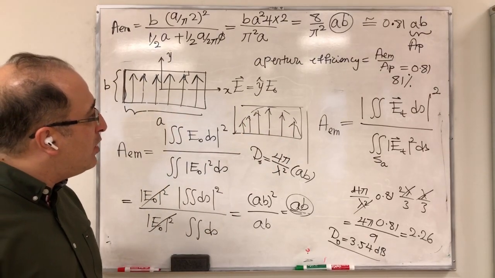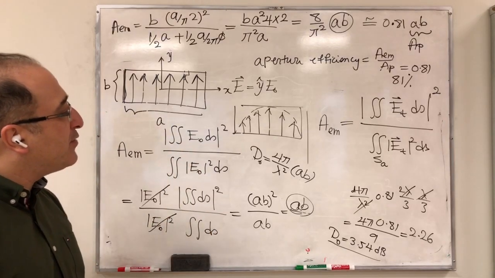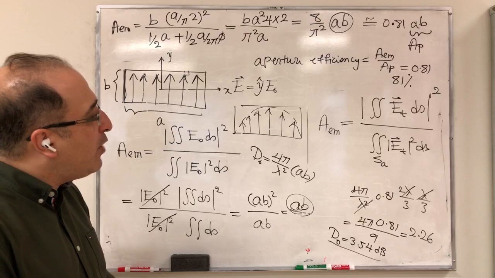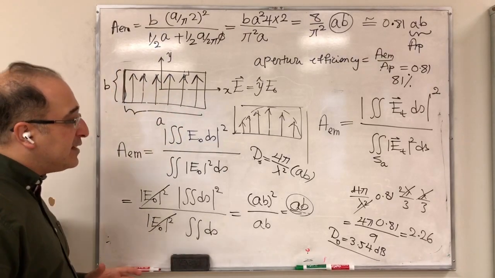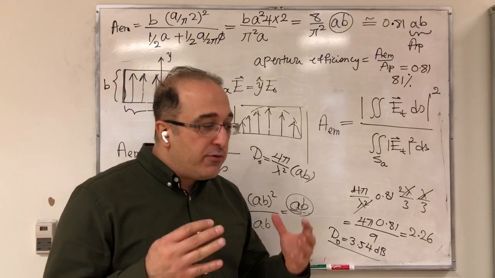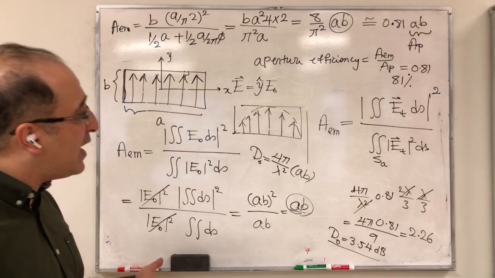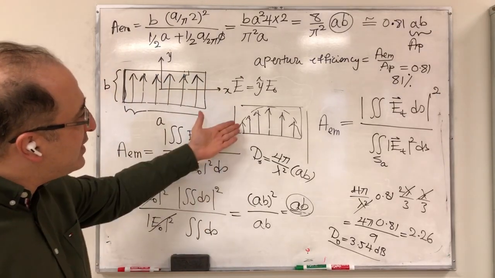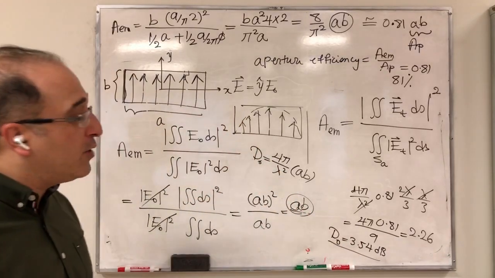So now, based on this discussion that we have, you see that if we want to increase the directivity, we need to increase the aperture size, because if we don't increase the aperture size, for example, in the case of open-ended waveguide, we get to 3.54 dB.